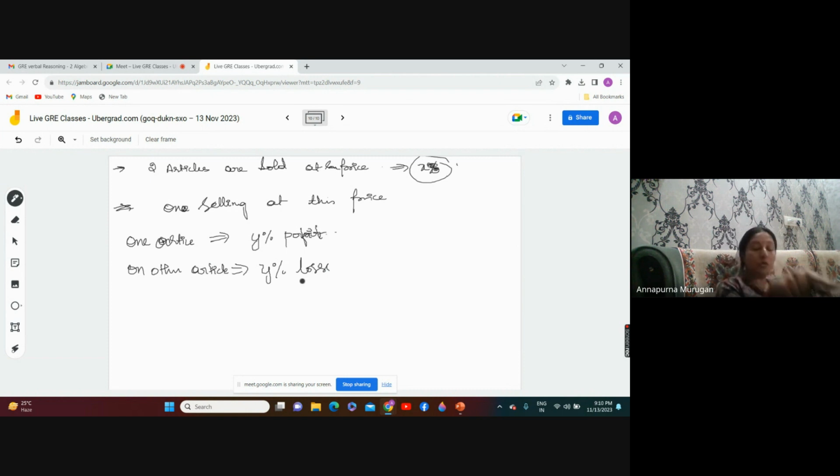See, they were sold at X rupees only. Let A be one article, sold at X rupees, and B be the other article, sold at X rupees. Here you are getting Y% profit, whereas here you are getting Y% loss.